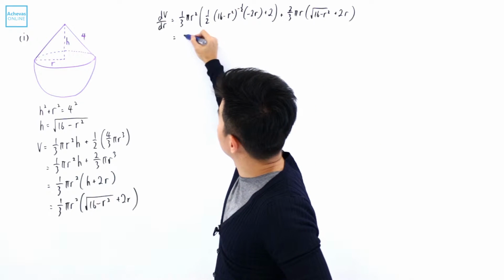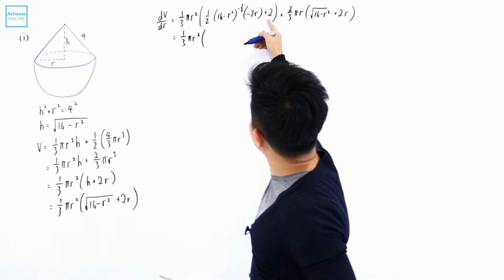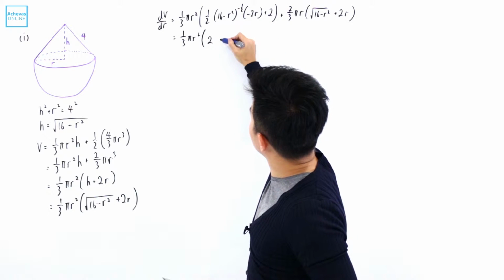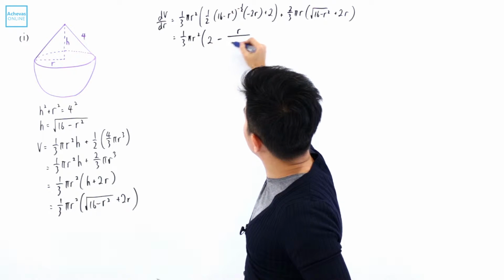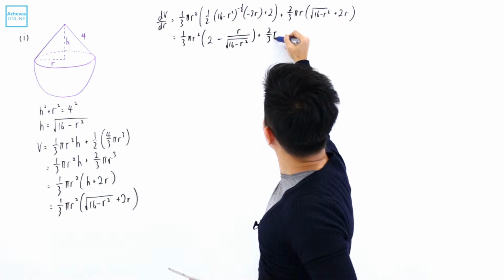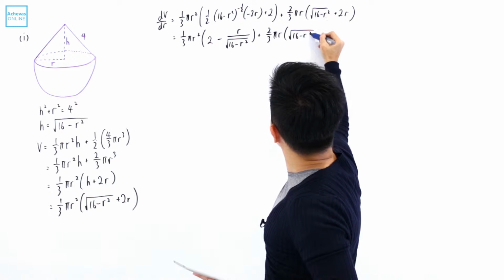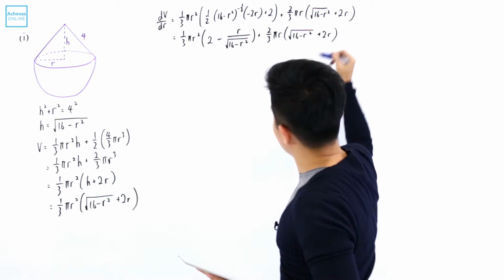With this, I can simplify. This is 1 over 3πr², with this is 2, and this will give me minus r over the square root of 16 minus r², plus 2 over 3πr times the square root of 16 minus r², plus 2r.